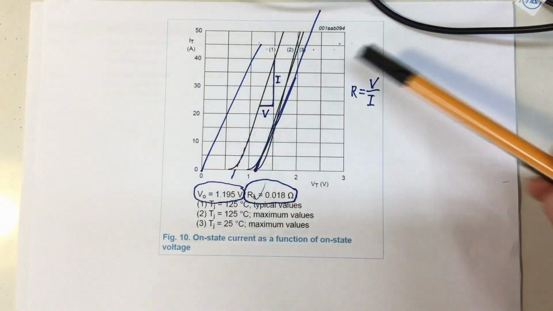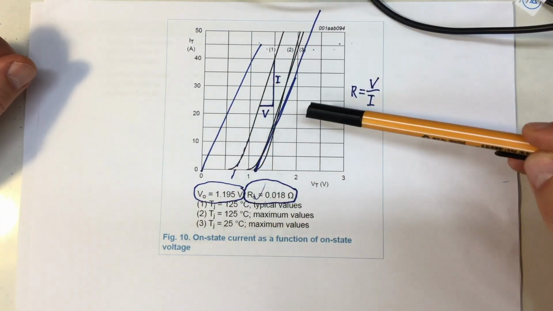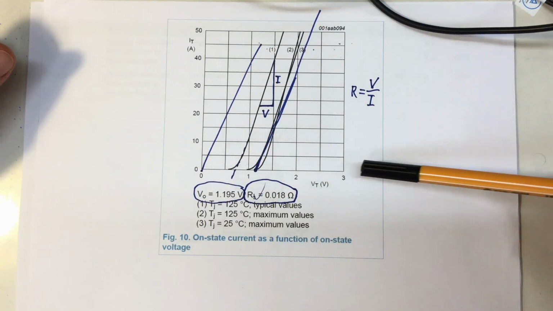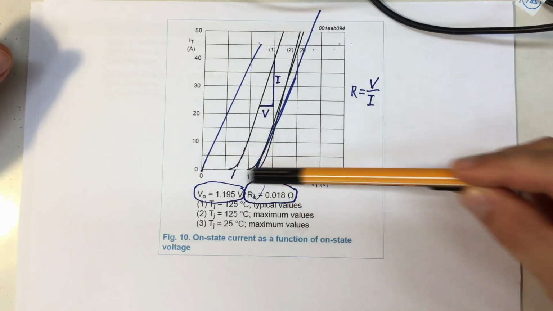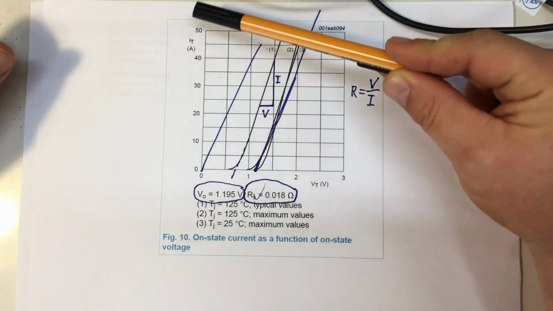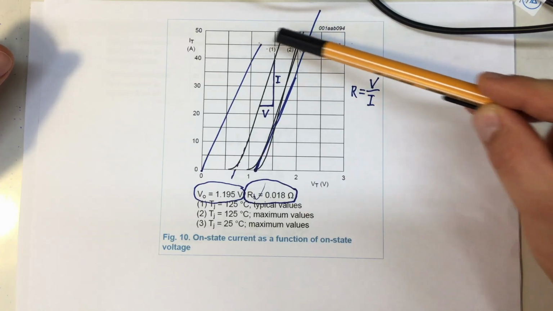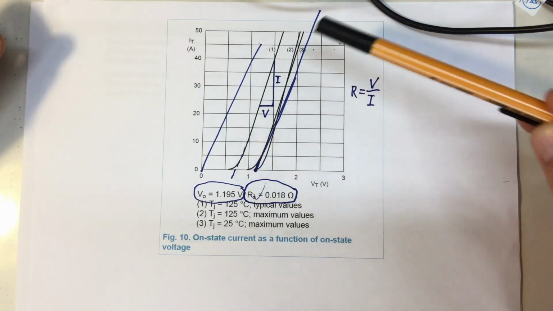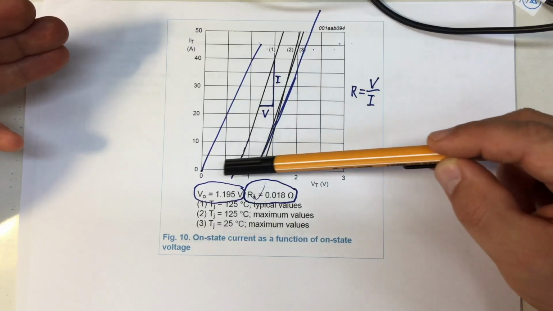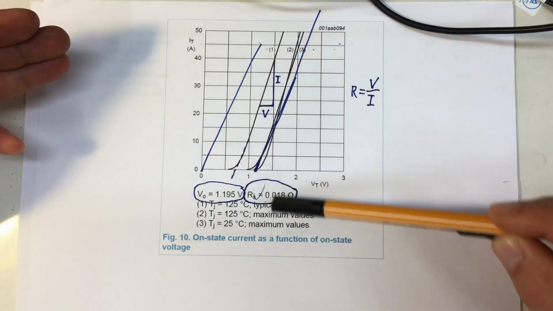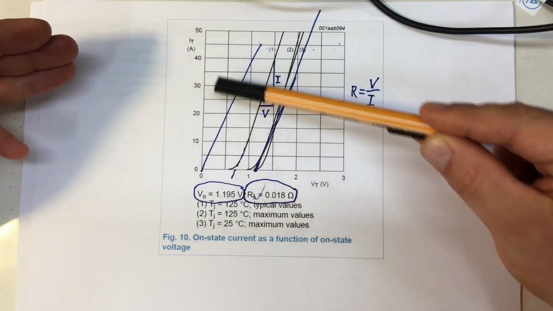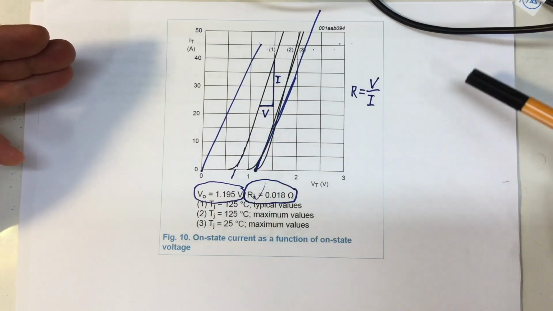And to calculate just how much cooling we need, we could go to this diagram, which shows us the voltage drop across the terminals in relation to the load current and for different temperatures. And here things get complicated because during a full sine wave, the voltage drop changes, of course.